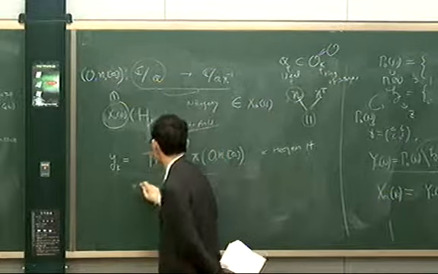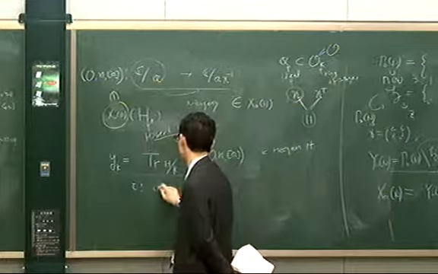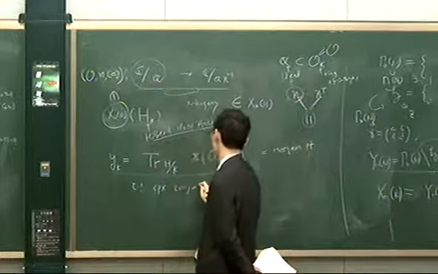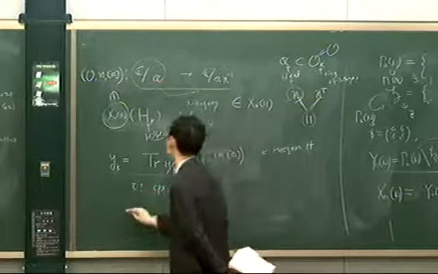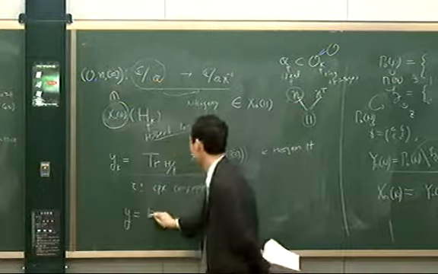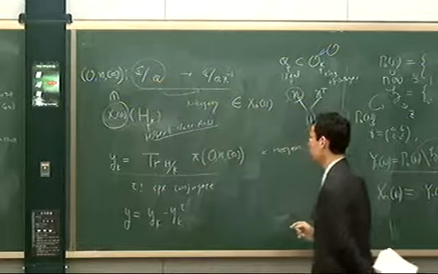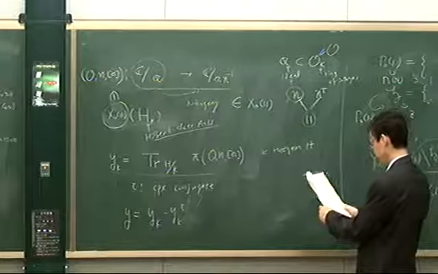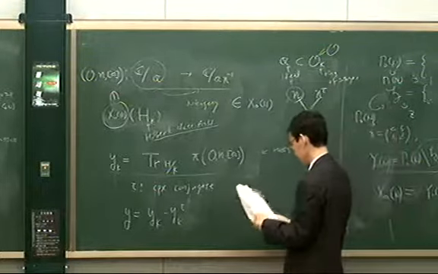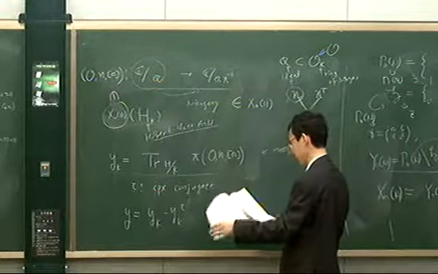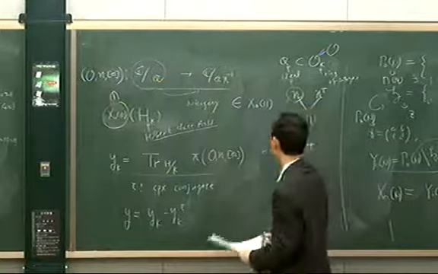Now let's denote tau equal to complex conjugation, and we denote y equal to y_K minus y_K tau.